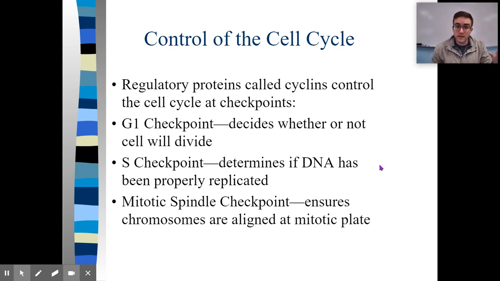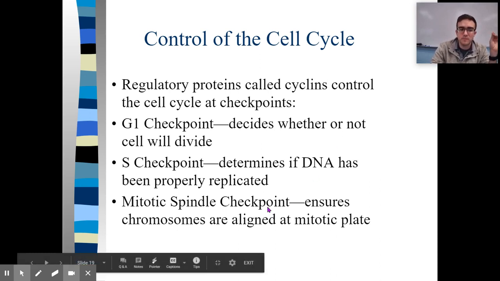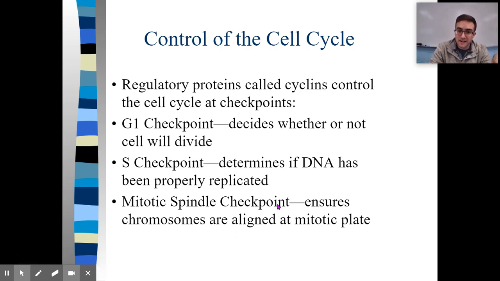We start with prophase, then we go into metaphase. Metaphase is where we get the mitotic spindle checkpoint, because this ensures that chromosomes are aligned at the mitotic plate, or the middle. It makes sure the chromosomes are lined up in the middle of the cell. Because if they're not lined up and the spindle fibers haven't attached to the centromere, then anaphase isn't going to work well.